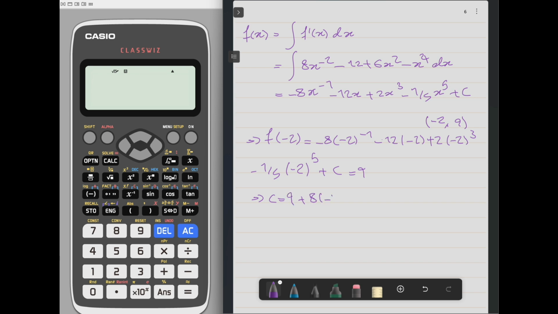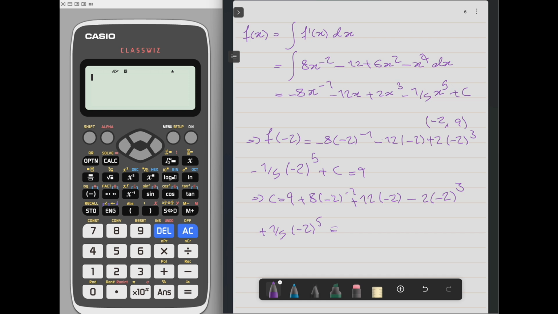So I'm going to write c equal to 9 plus 8 times minus 2 to the power of minus 1, plus, this goes to the right hand side, 12 times minus 2, plus minus 2 to the power of 3, plus 1 over 5 times minus 2 to the power of 5.